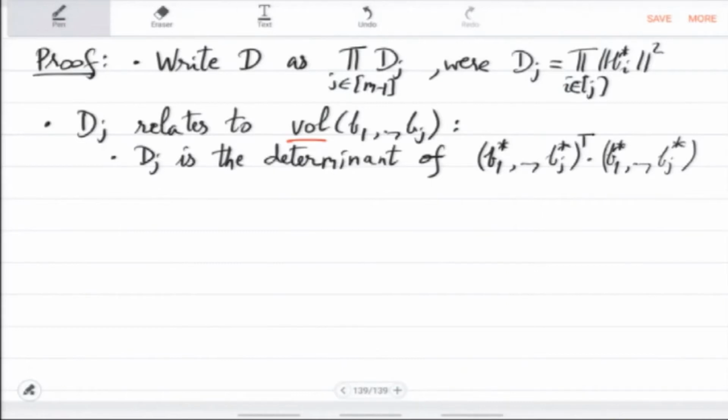So, this is actually a diagonal matrix, and determinant is just the product of Bi star square, which is equal to, which is a diagonal matrix, and equals.